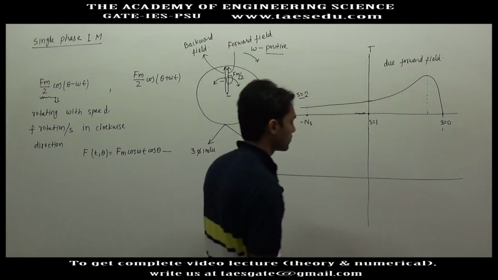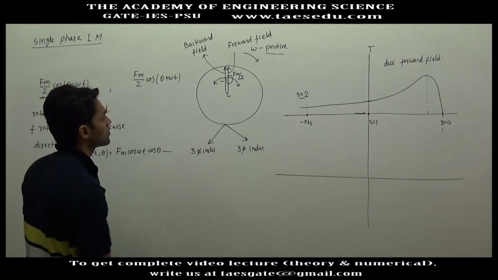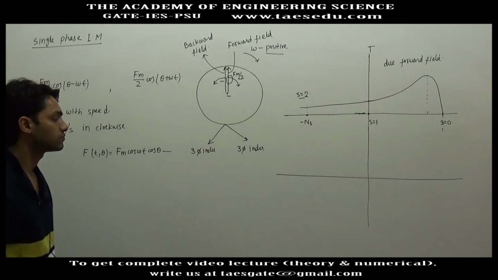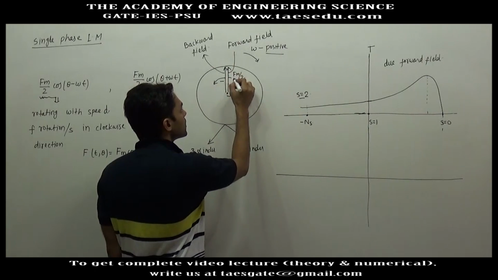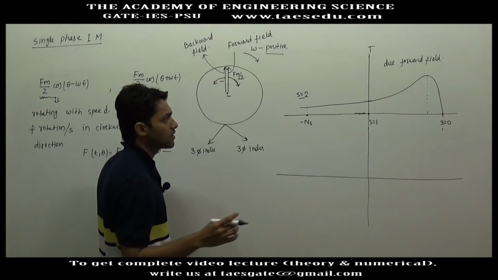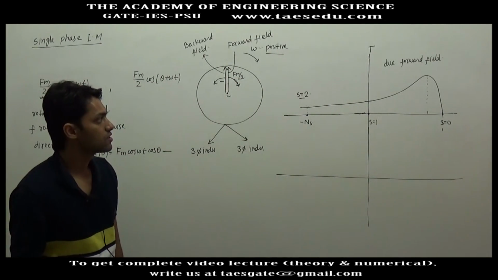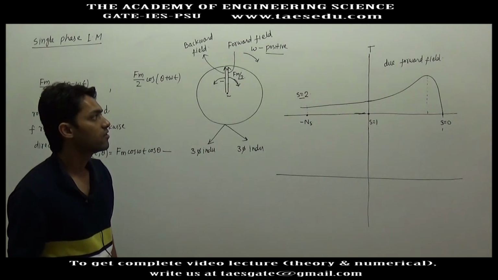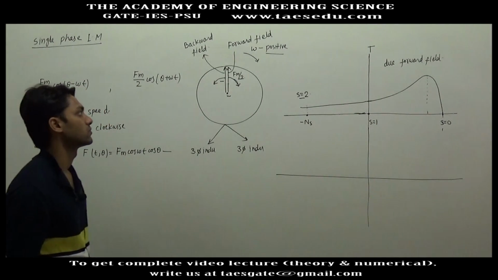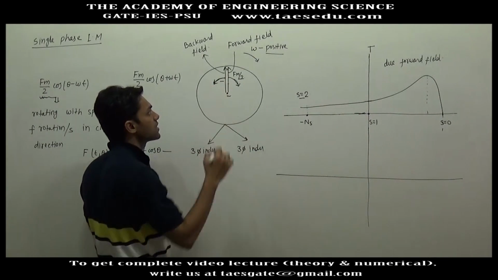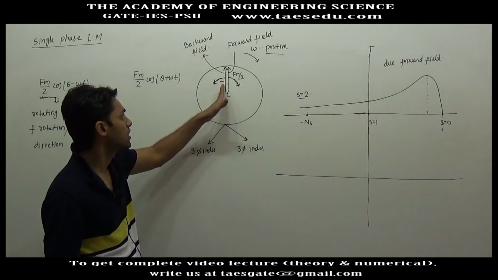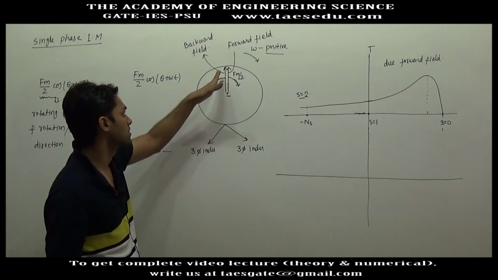Now we will try to draw the torque slip characteristic due to backward field. So forward field will obviously apply torque in clockwise direction, and all the quantities which are in clockwise direction, we will take as positive. Backward field will apply torque in anti-clockwise direction, because this will cut the rotor conductor in anti-clockwise direction.